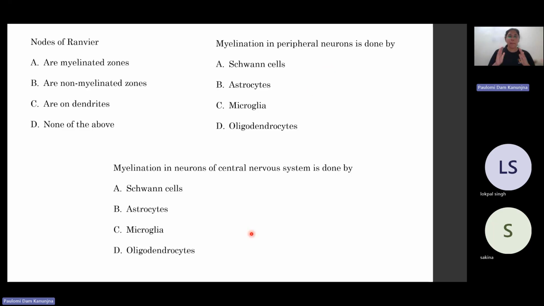And myelination in the neurons of the central nervous system is done by which cell? So this is PNS, this is CNS. You have myelination in both. Which cells are responsible for making the myelin sheath? We have done part of this question in the previous sessions also. And where are nodes of Ranvier present?